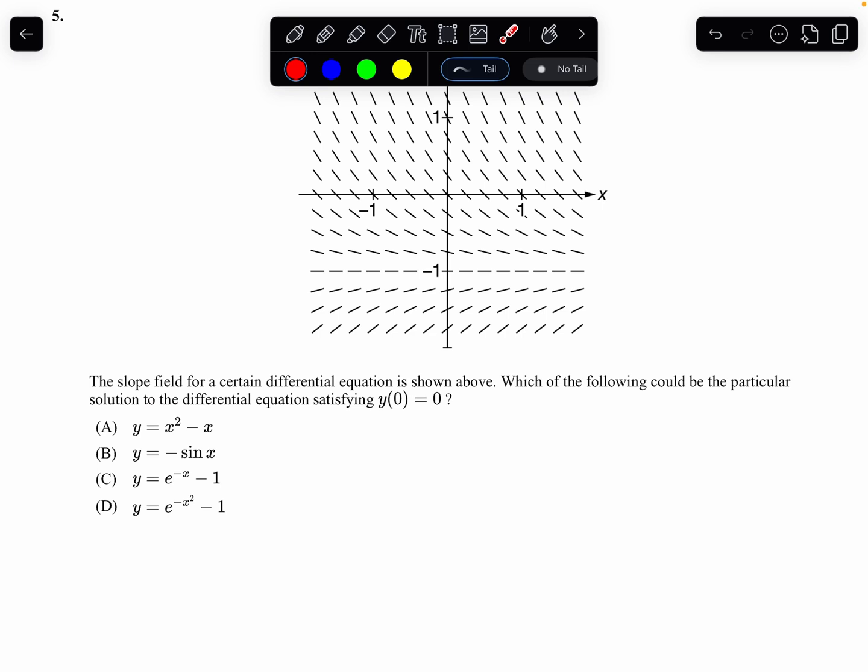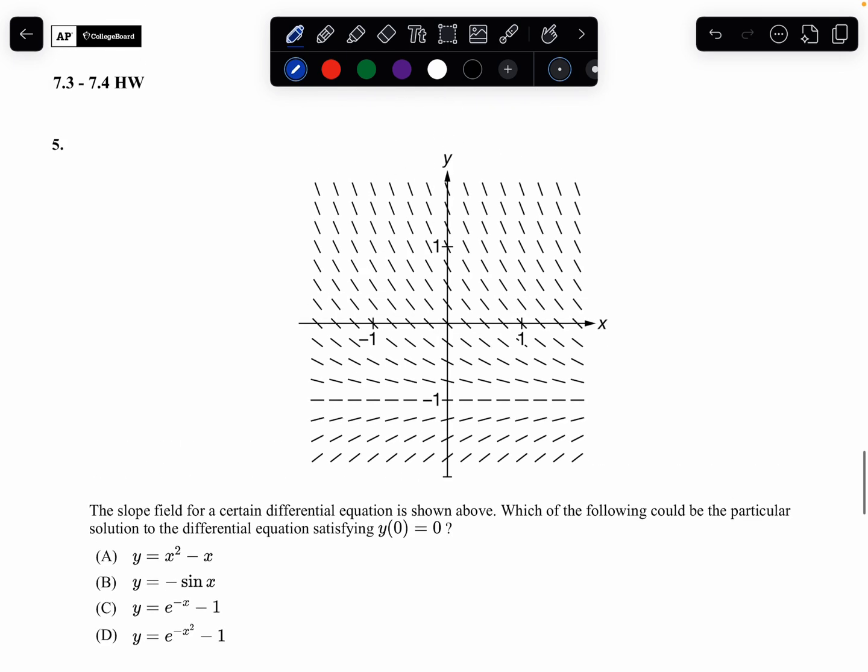Let's see what else. X squared minus x. Let's go ahead and draw the curve. So at 0, 0, let's follow the flow right here. Maybe something that looks like this. Looks like it's falling to a horizontal asymptote.